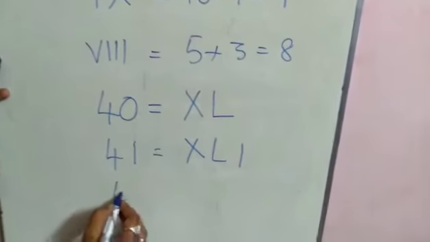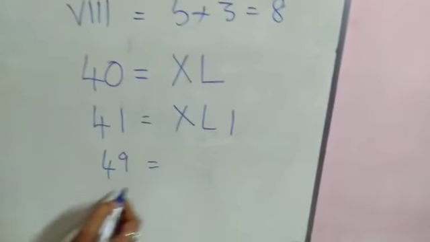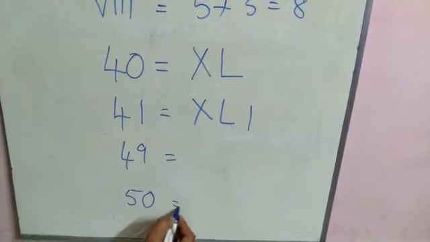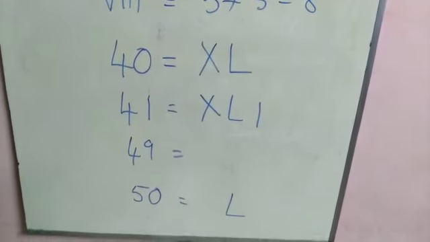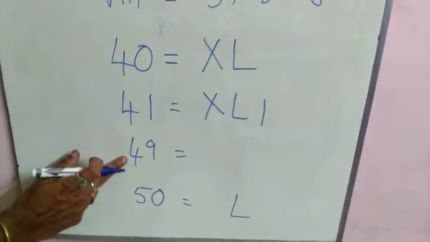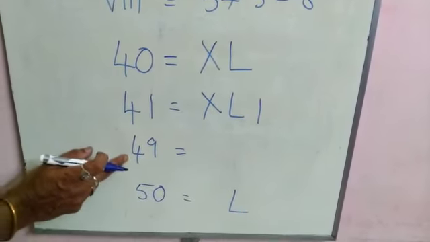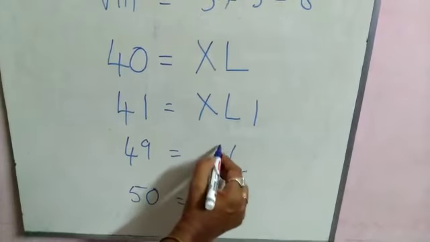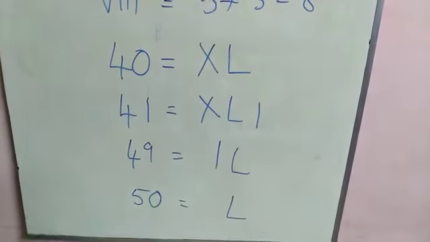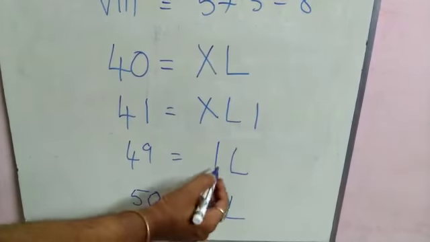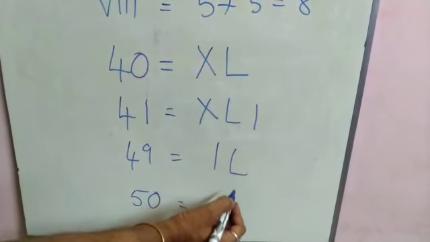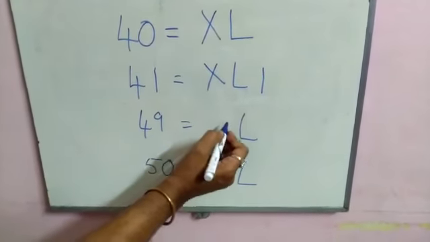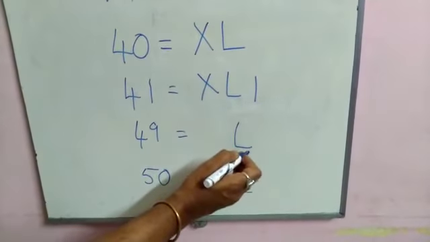So how to write 49? To write 49, first we have to know the symbol for 50. Already you know it, it is L. And 49 means it is the predecessor, 1 less than 50. So I'm sorry, it's not that.